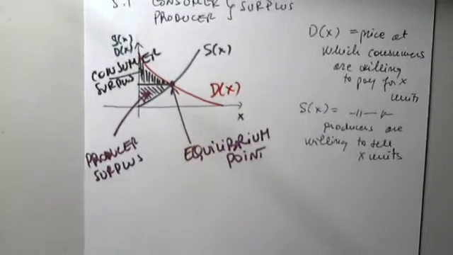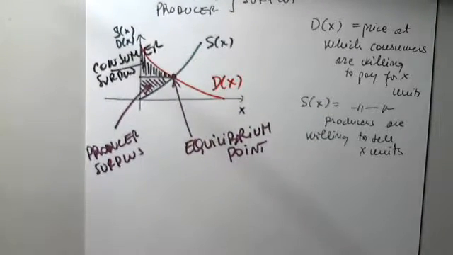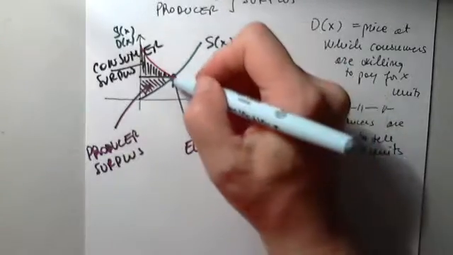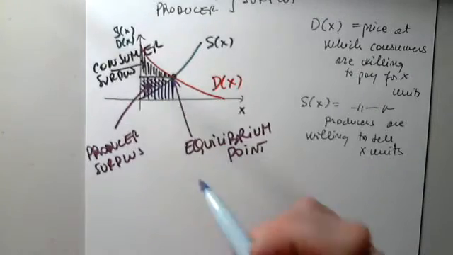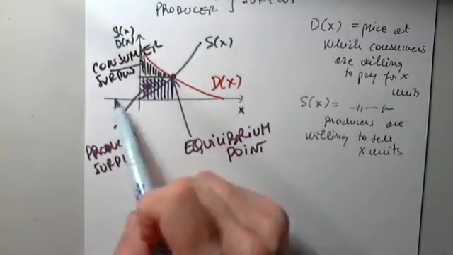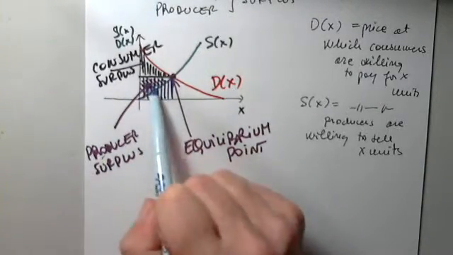Very easy to remember how to determine this. So this is a rectangle, and it will be used in determining the consumer surplus and the producer surplus.